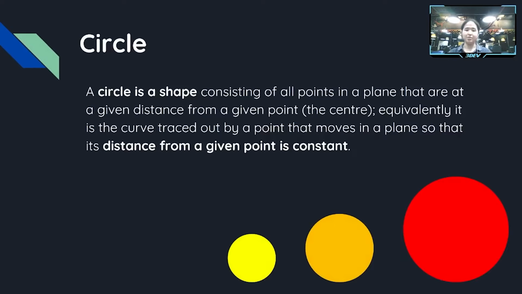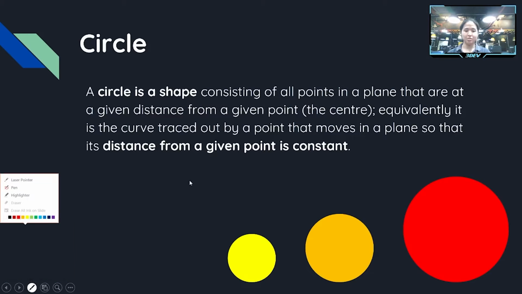So first of all, I bet everyone knows what a circle is. A circle is a shape consisting of all points in the plane that are a given distance from a given point, which I like to call the center point. The distance between the side of the circle and the center point is always constant, which is the same. That distance is called the radius.